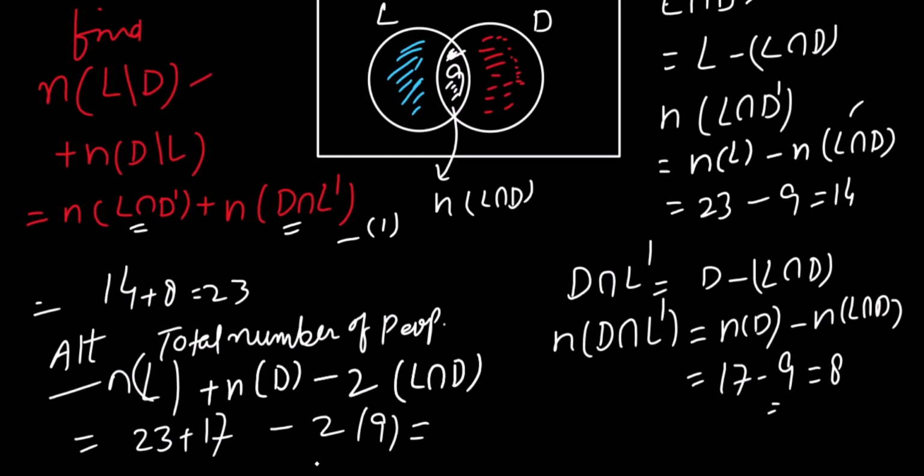So this is equal to 23 plus 17, which is 40, minus 18, which is equal to 22. So this is the shortcut technique, and the first one was the actual concept.